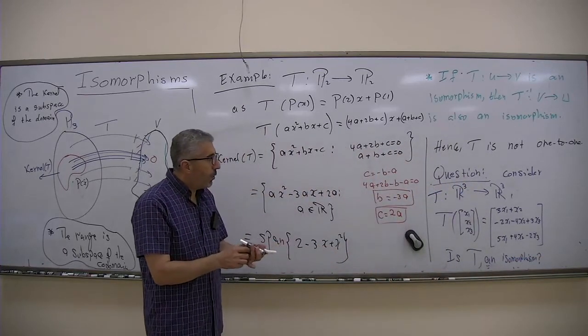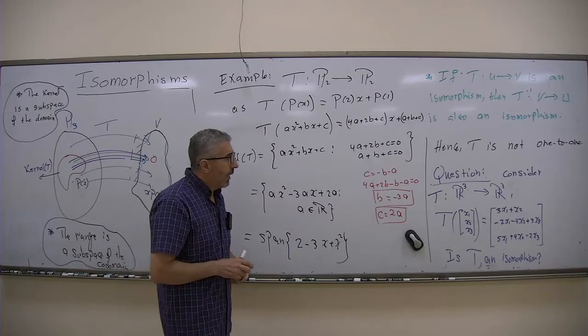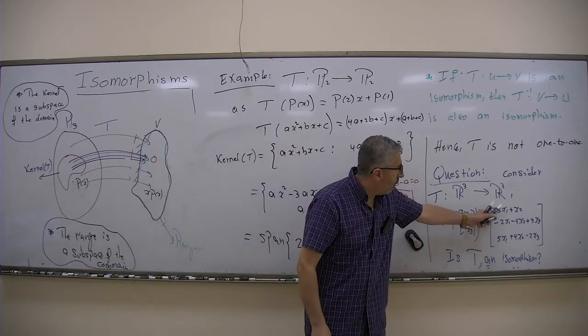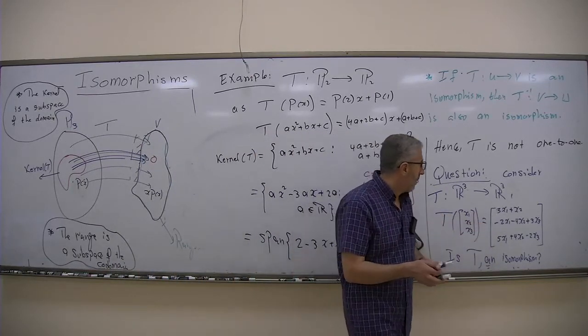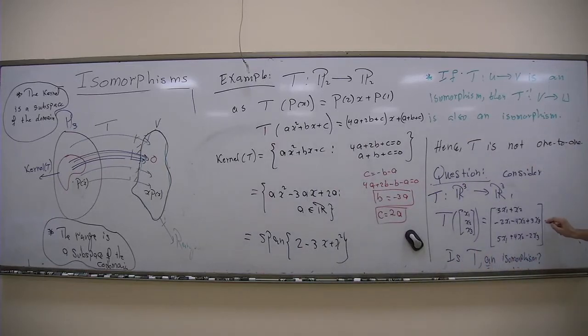Well, I'll leave it for you to do, but let me give you a hint. If you think about this, what is this here? This is the matrix with rows (3, 1, 0), (negative 2, negative 4, 3), (5, 4, negative 2) times (x1, x2, x3).